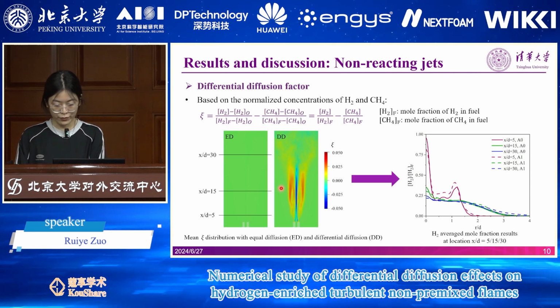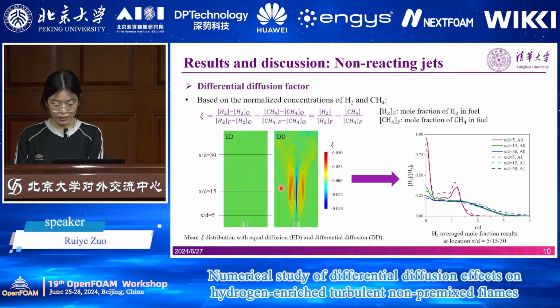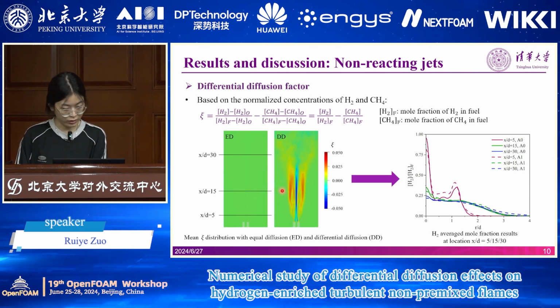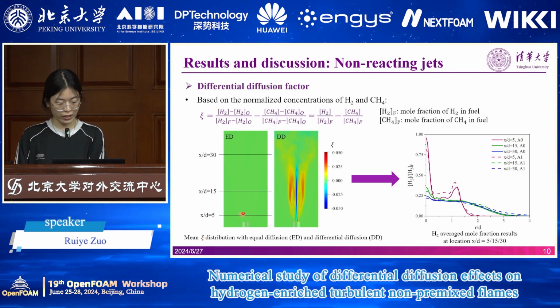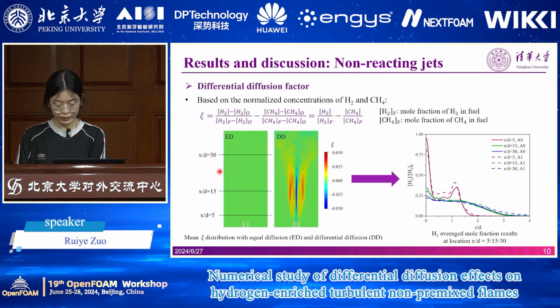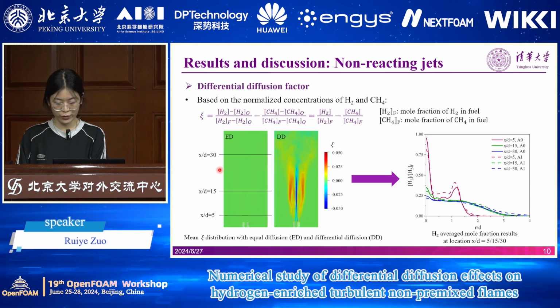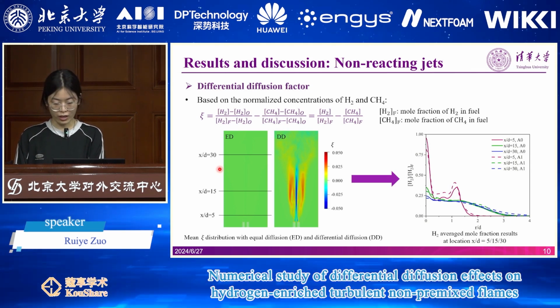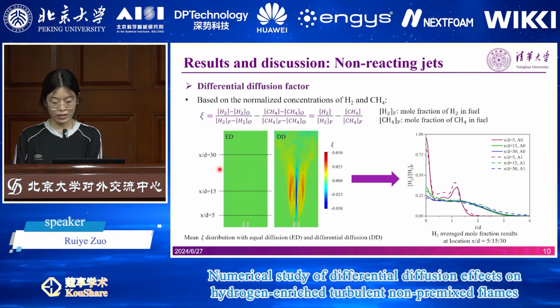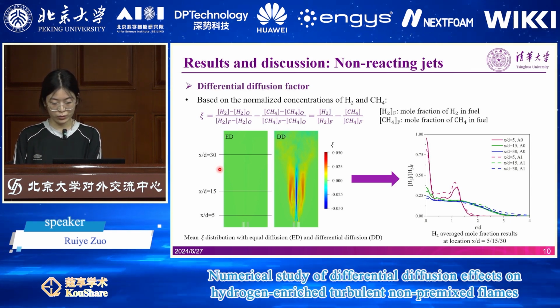The left figure shows the ED and DD cases, the mean Xi distribution. In the case of equal diffusion, the mass diffusivities of hydrogen and methane are equal, and their distributions are exactly the same after normalization, and Xi is identical to 0.